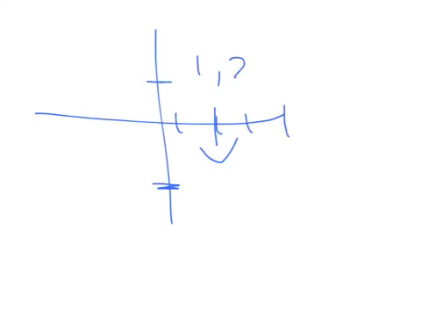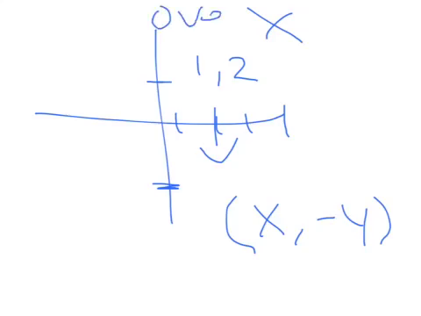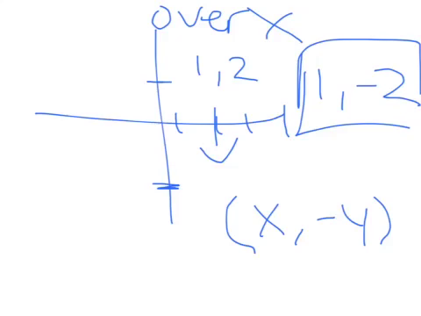So if it's 1, 2, the equation is simply x, negative y. So it would be 1, negative 2, and that would be the new reflected coordinate of that one coordinate of the square.